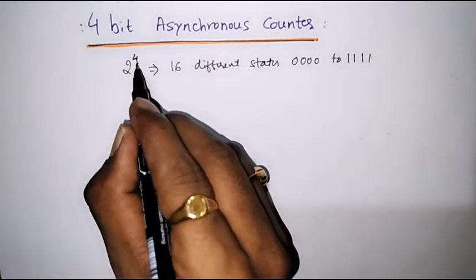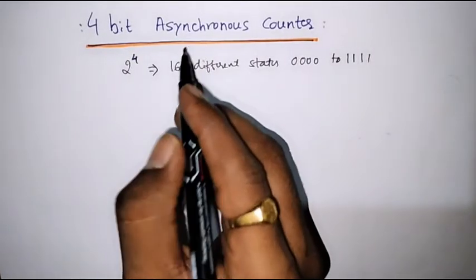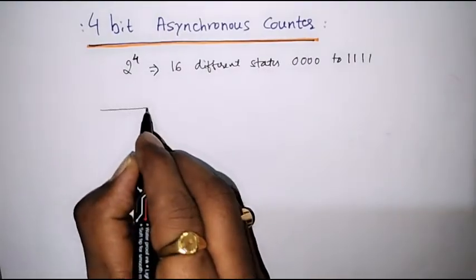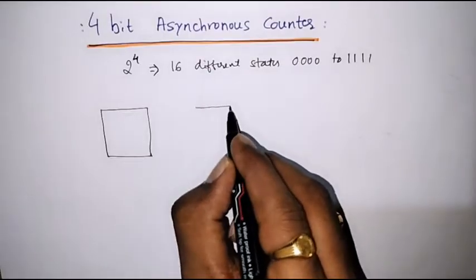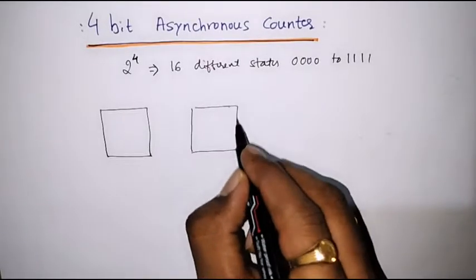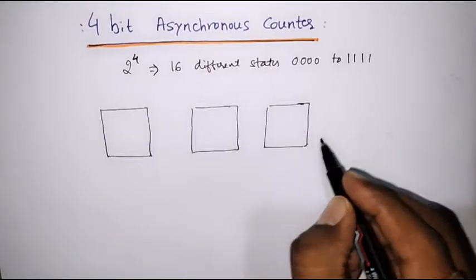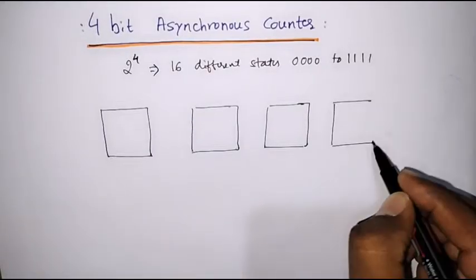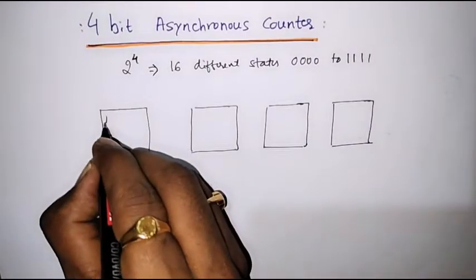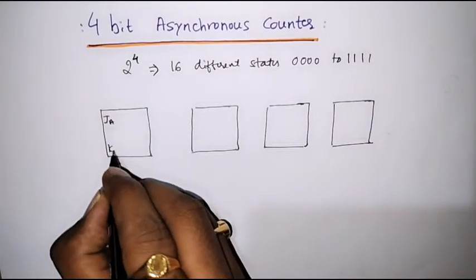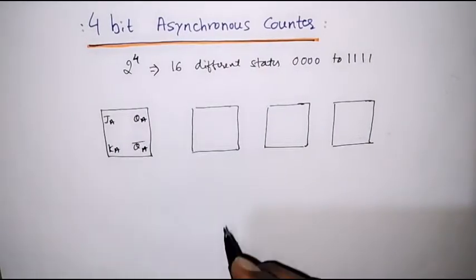So here we need 4 flip-flops as it is a 4-bit asynchronous counter. This is JK input and these are QA bar output.